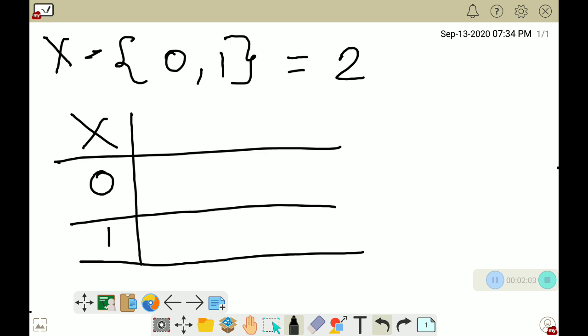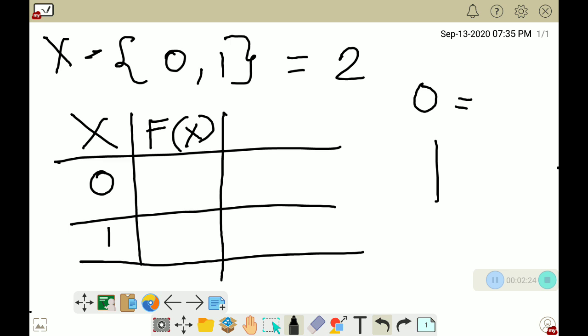We will determine that as f of x. So the question would be, how many zeros? We count the zeros from the previous example. So we know 0, 1. How many zeros? We have 1. And how many 1s? We have also 1.